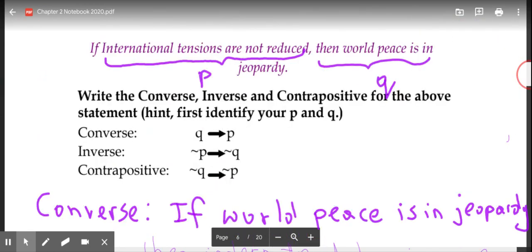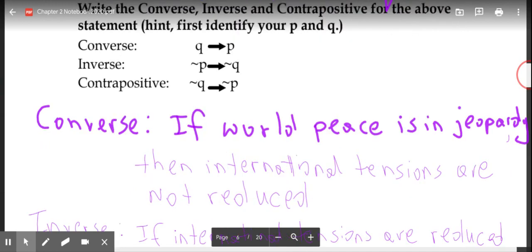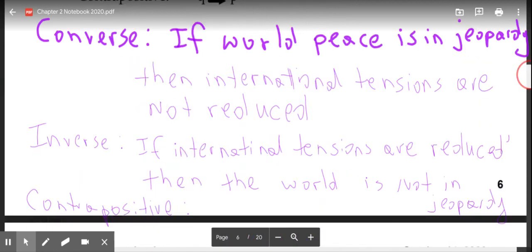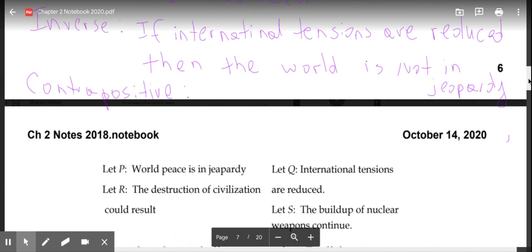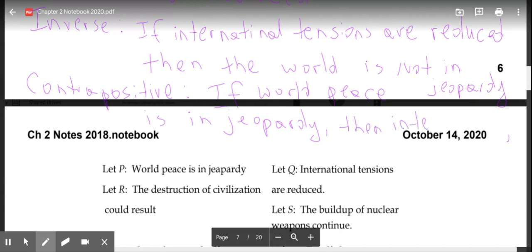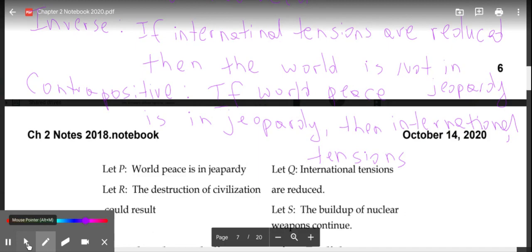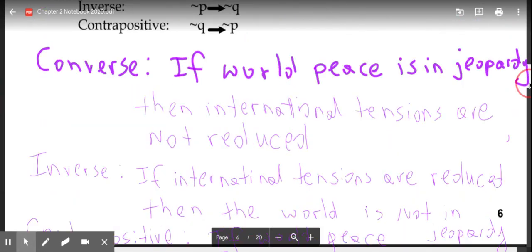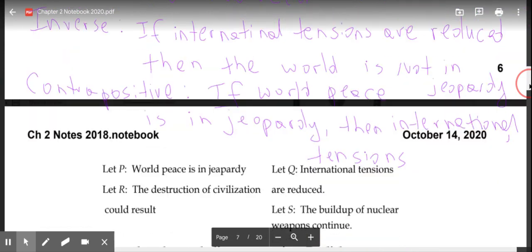So the contrapositive would be, if world peace is not in jeopardy, then international tensions are reduced.